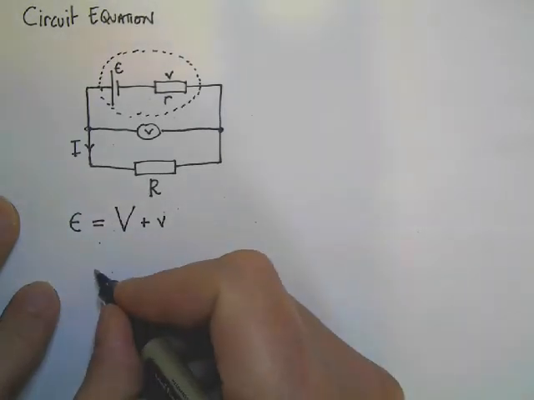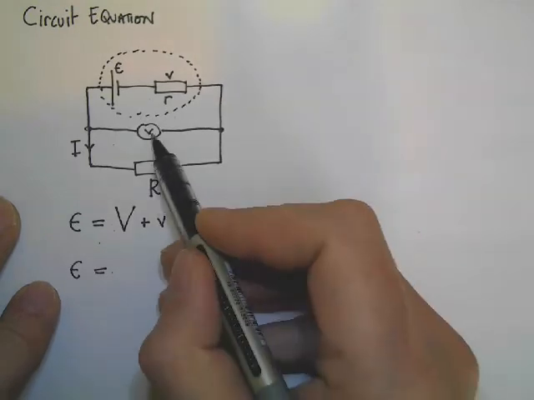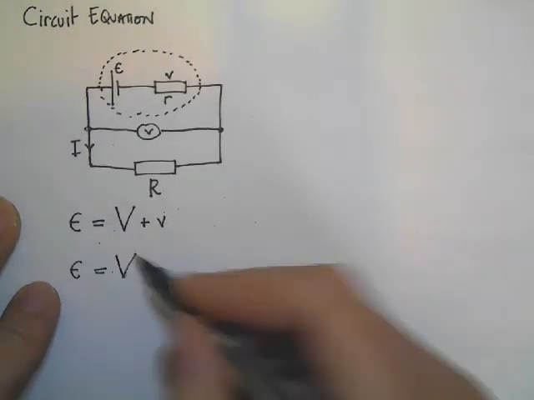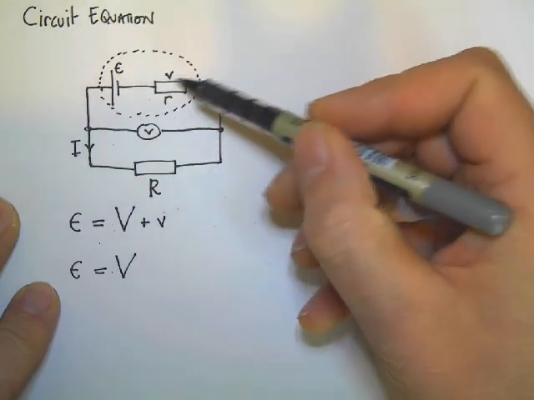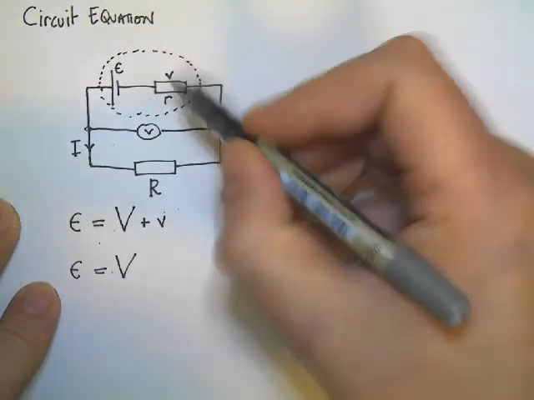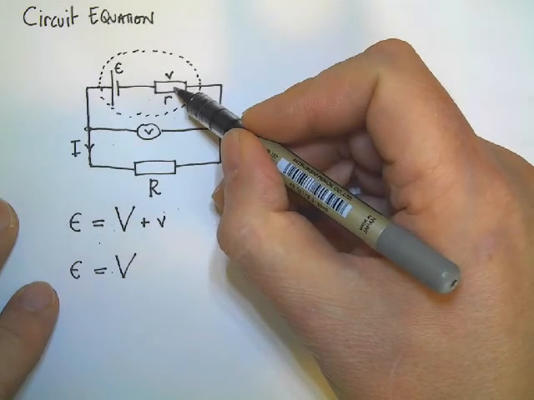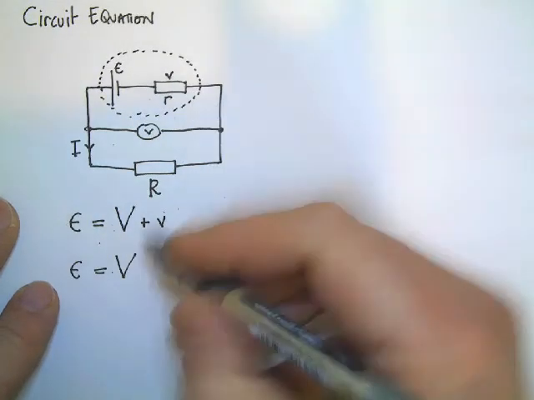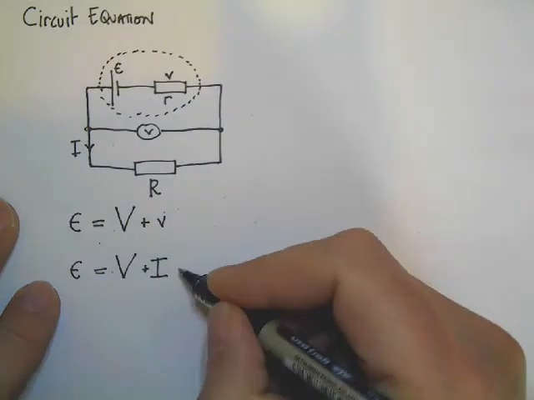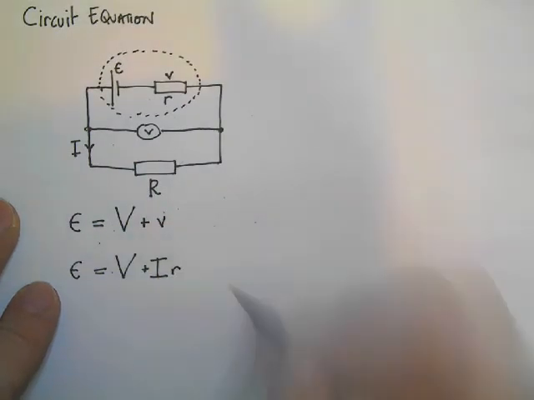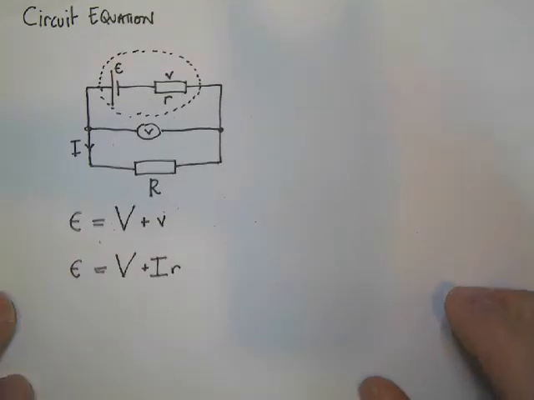Now, let's rewrite that. We can say that the EMF equals this V, it still does, and then we've got this current flowing through the circuit. So this little v here is going to equal the current through this cell multiplied by its resistance. So big I, because it's the same everywhere, times the internal resistance.